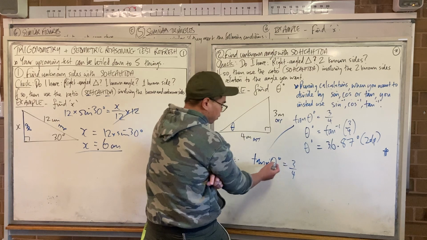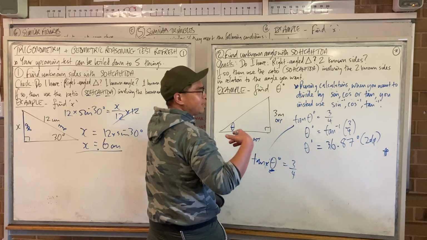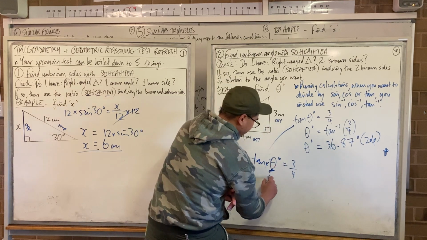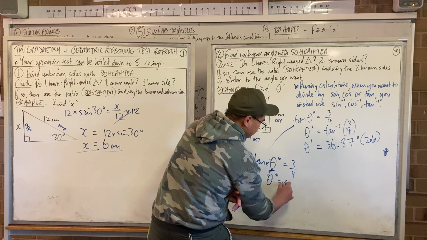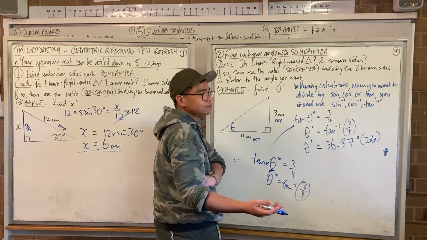And I want theta by itself. So what do I want to do? I want to divide by this. Your calculator doesn't let you divide by it. So instead of dividing by it, we multiply by the reciprocal of tan, which is tan to the -1. It's the same thing. Okay?